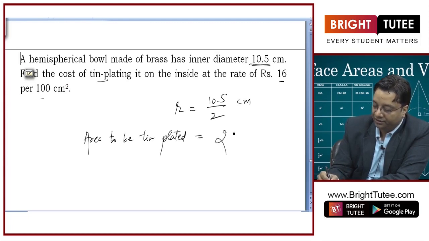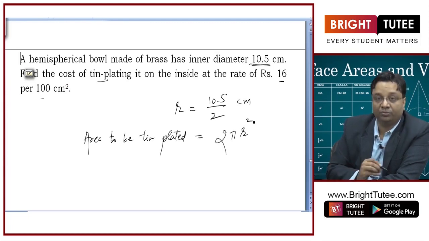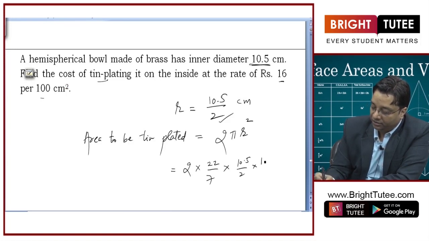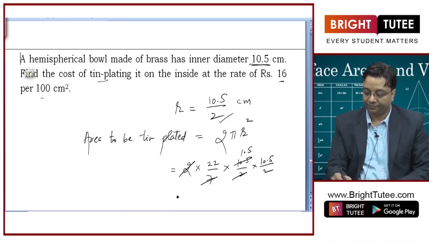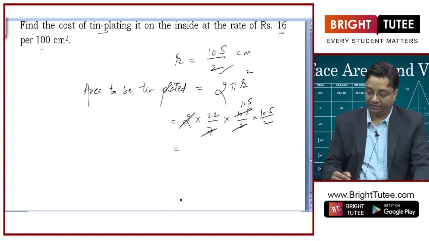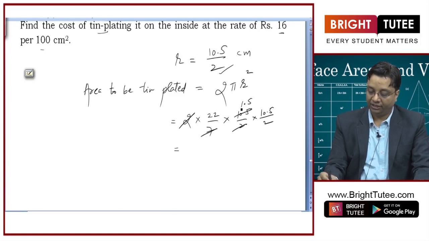It has to be tin plated on the inside, so the area to be tin plated is curved surface area of this hemispherical bowl, that is 2 pi r square. So it is equal to 2 pi, if I take pi as 22 by 7, r square is 10.5 by 2 into 10.5 by 2. So 2 can be cancelled. This will give you 1.5. This is the area to be tin plated, which is 22 into 1.5.